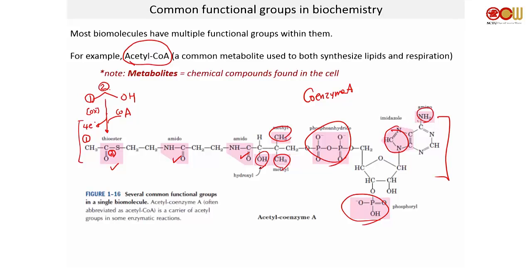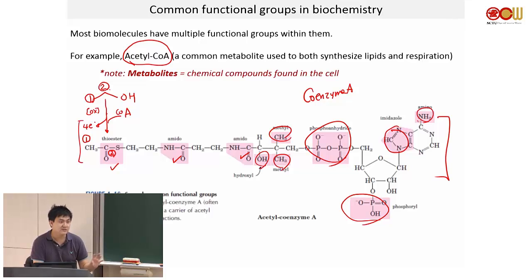So in one little molecule, you got pretty much all of the functional groups that we talked about in the previous slides. Just to show you, in biology, a lot of complex molecules have all of these functional groups at the same time. Coenzyme A is one of the more complex molecules. Typically, inside of your metabolites, molecules are not so complicated. This is a large molecule.